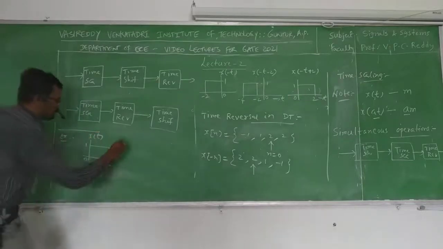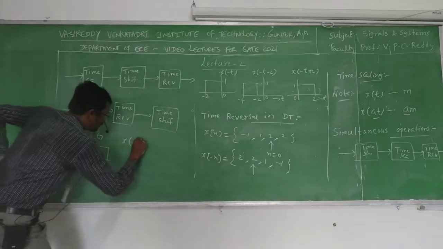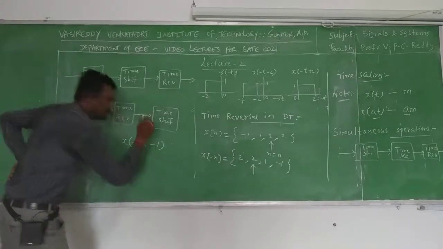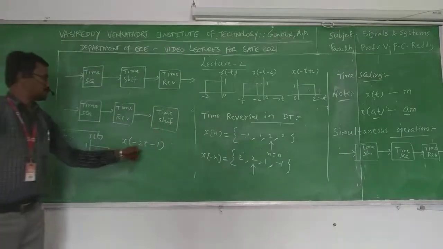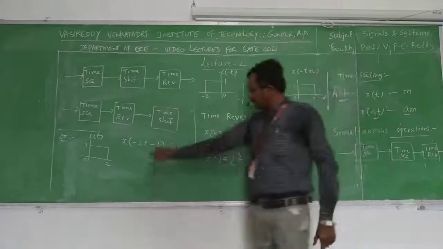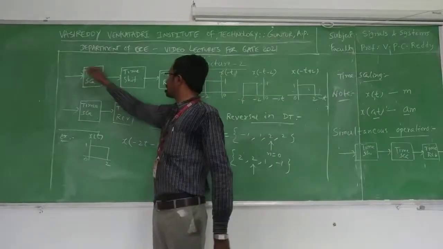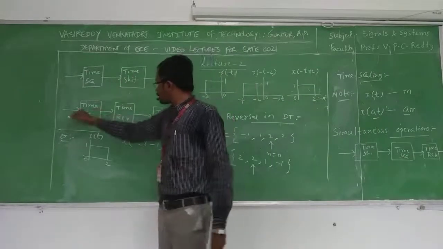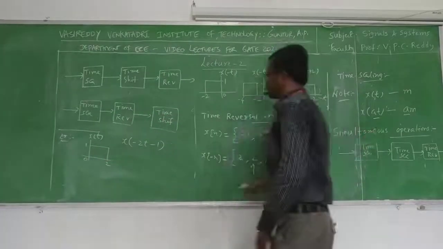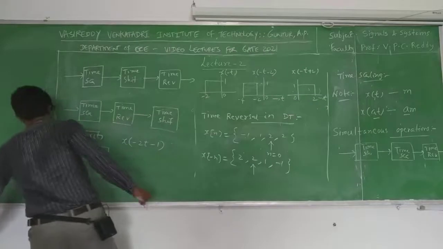Now I want x of minus 2t minus 1. So x of minus 2t minus 1 using shifting, scaling, reversal. The same x of minus 2t minus 1 using scaling, shifting, reversal again. Scaling, reversal, and shifting. So let's start with the first one: time shifting, time scaling, time reversal.